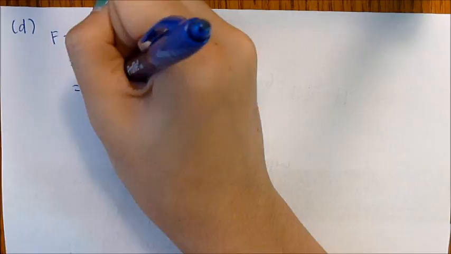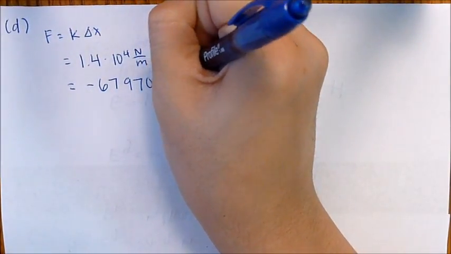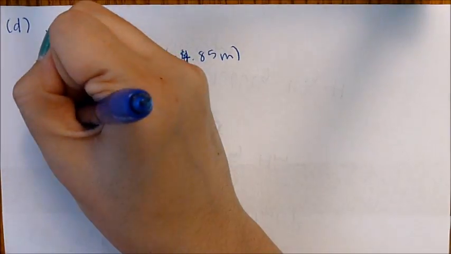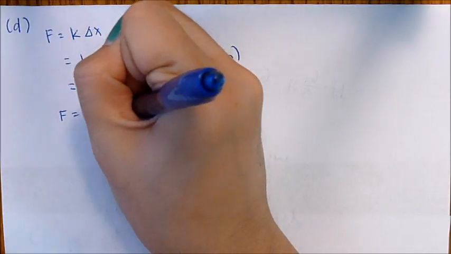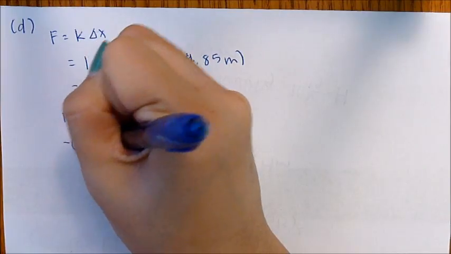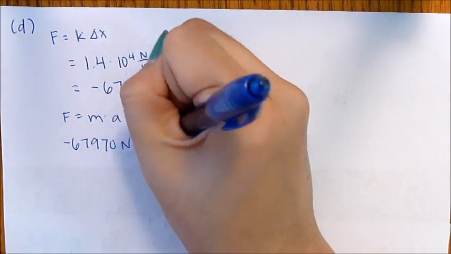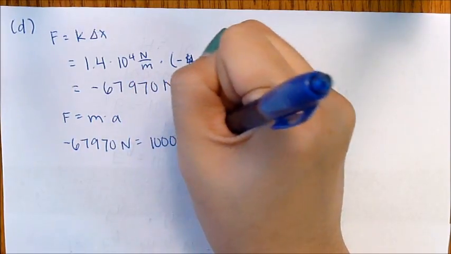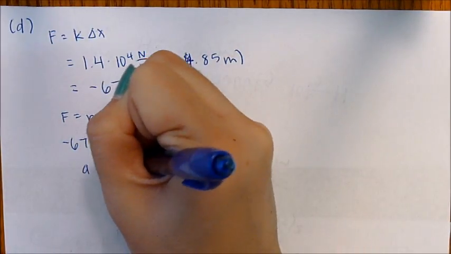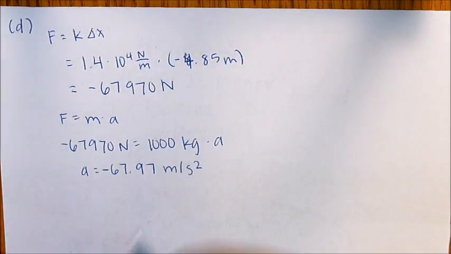So your force comes out to be negative 67,970 newtons. Go ahead and plug that into Newton's second law, which is force equals mass times acceleration. Your mass is 1,000 kilograms, so your acceleration comes out to be 67.97 meters per second squared, and that's negative.